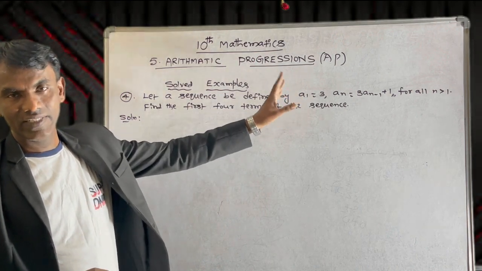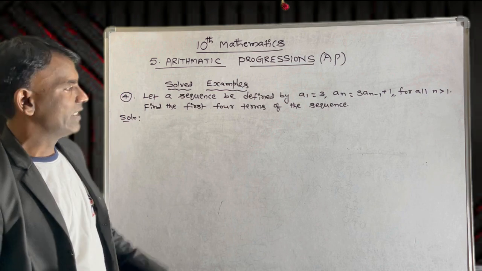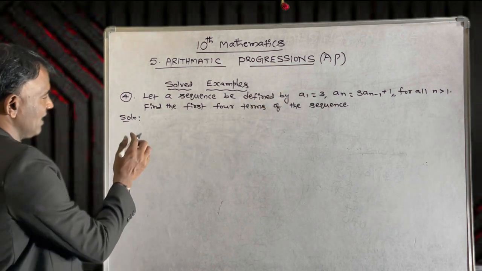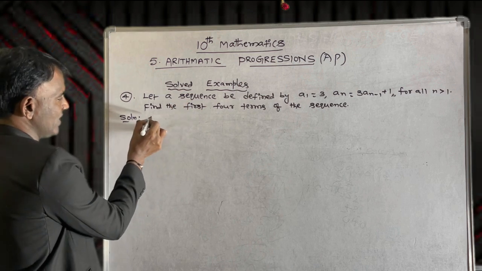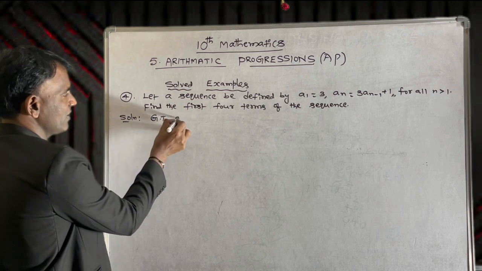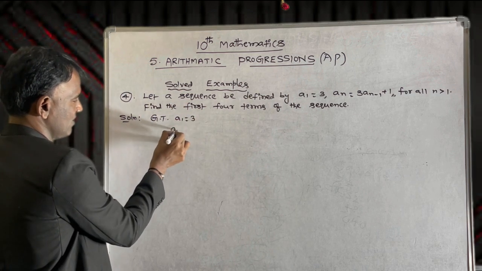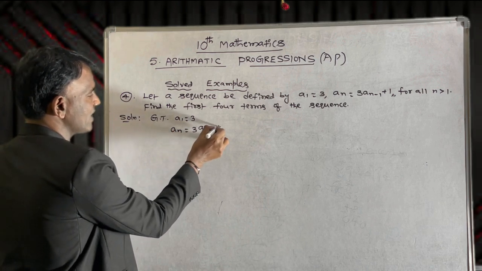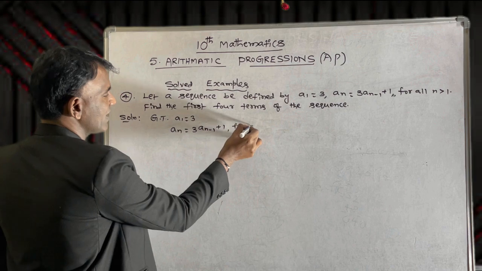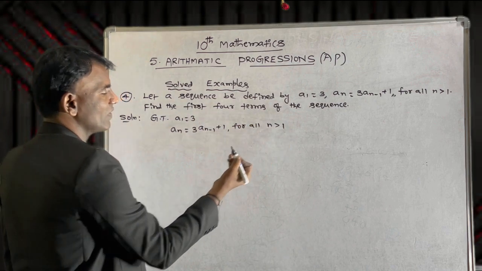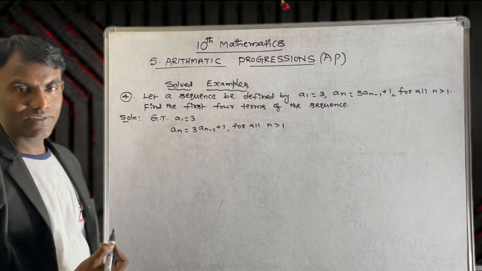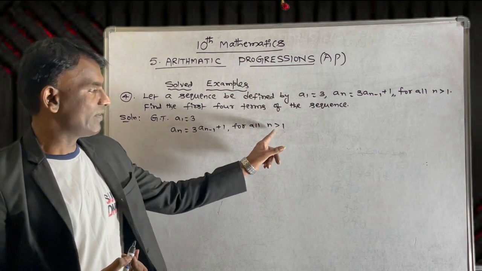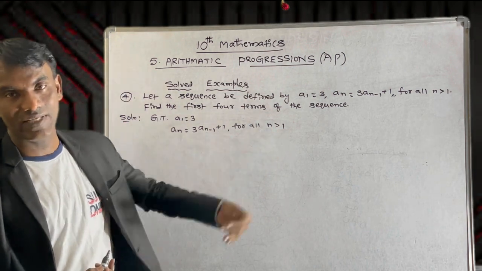We find a2, a3, a4, and including a1, those are the first four terms. a1 equal to 3 is given, and a_n is 3 into a_(n-1) plus 1 for all n greater than 1, which means we can substitute 2, 3, 4 in the place of n.